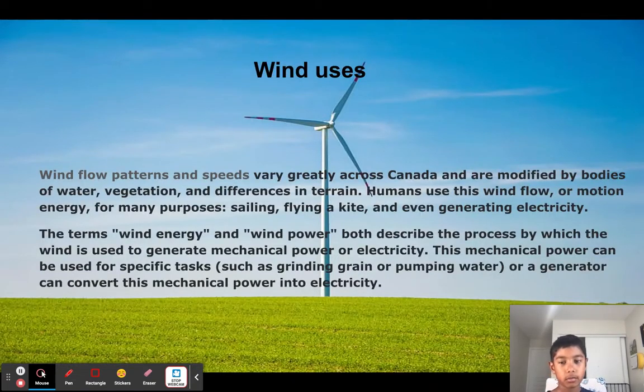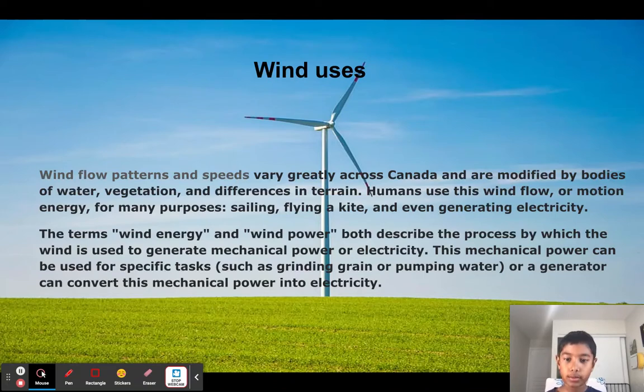Wind flow patterns and speeds vary greatly across Canada and are modified by bodies of water, vegetation, and differences in terrain. Humans use this wind flow or motion energy for many purposes: sailing, flying a kite, or even generating electricity.